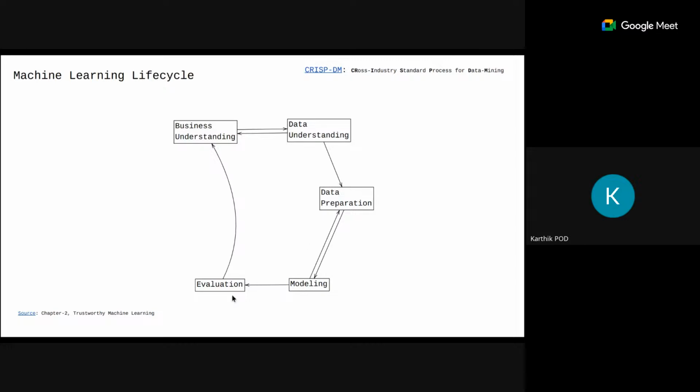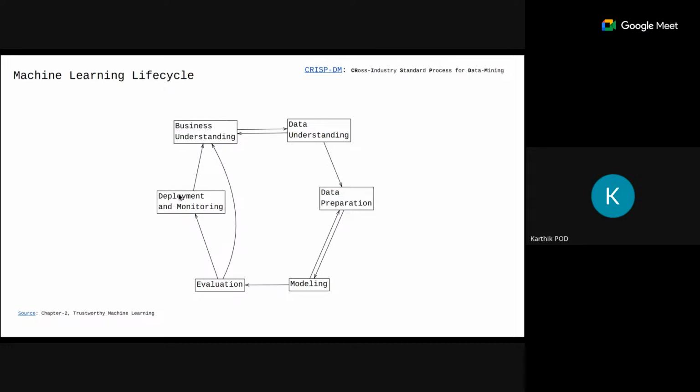So if it performs really well on some segment of data, you will say that I'm getting good results. But if it's not performing on some segment, you'll have to go and change your problem statement a bit. Okay, and once you see that the solution is good enough, you can deploy your machine learning model.